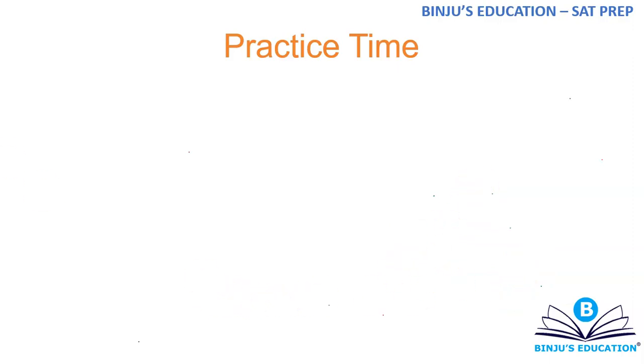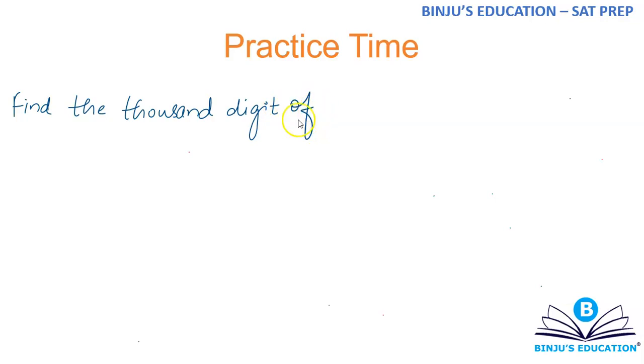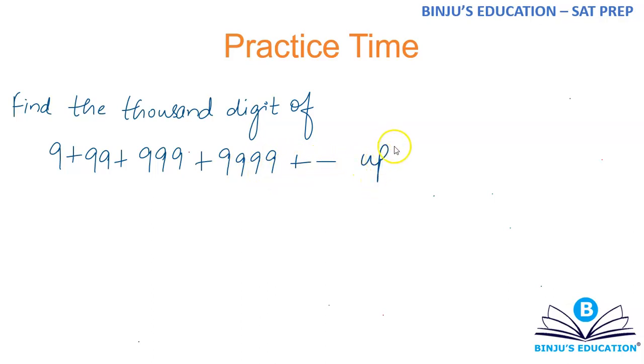So the question is, we need to find the thousandth digit of 9 plus 99 plus 999 plus 9999, up to 10 terms.